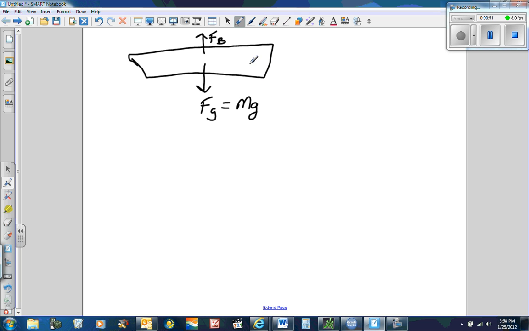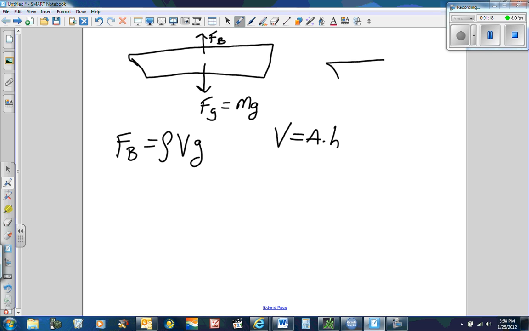Well, if that's true, I don't have mass, I have G, but I don't have mass, and that's not going to help me anyway, because I want to find area. Well, the buoyant force is equal to the density of the fluid times the volume of the fluid displaced times G. And here's what you've got to remember: volume is equal to area times height.